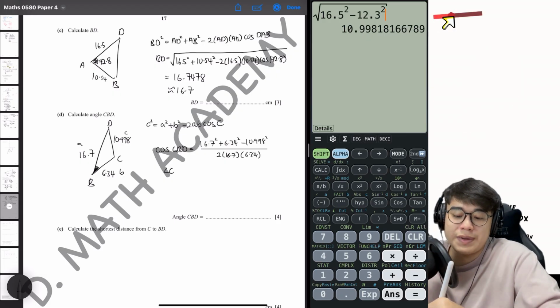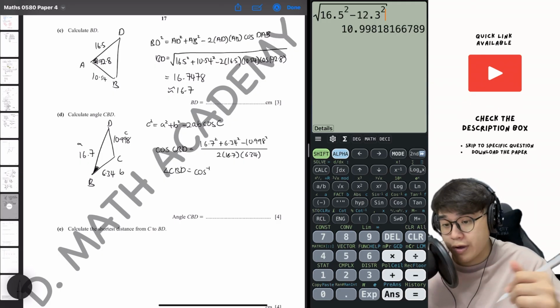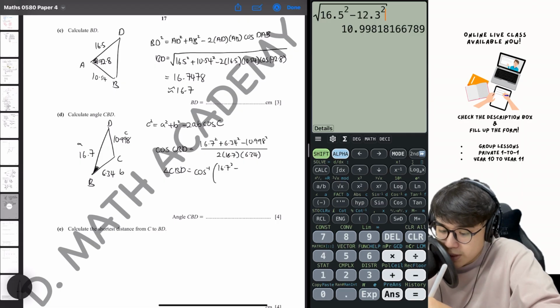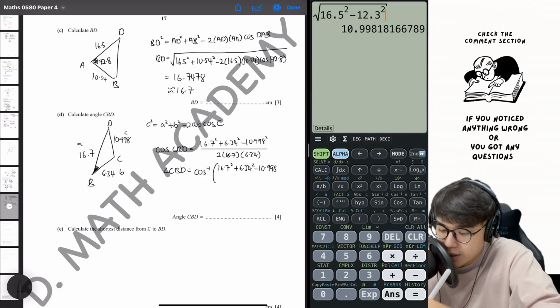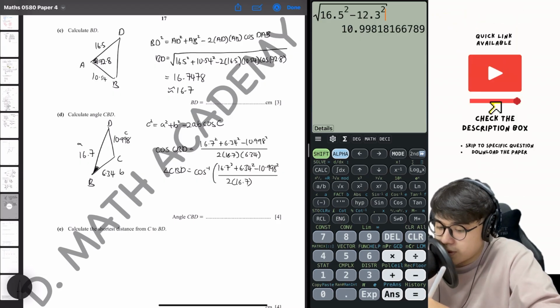So angle CBD value will be cosine inverse of the whole thing that you have here, which is 16.7 square plus 6.34 square minus 10.998 square over 2 times 16.7 times 6.34.